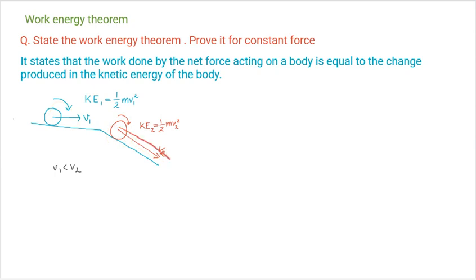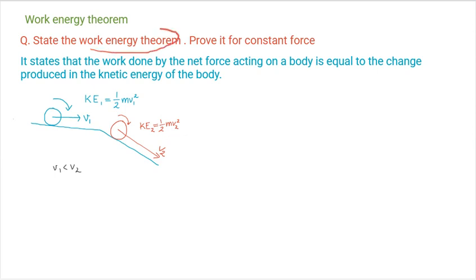If the body is moving with velocity v2, then the mass of the disk will remain the same in whichever situation, because the mass does not change. So I can write half m, but this time it is moving with a velocity v2. Therefore, the kinetic energy will be half mv2 square. Earlier it had a kinetic energy half mv1 square. Later it has the kinetic energy half mv2 square.